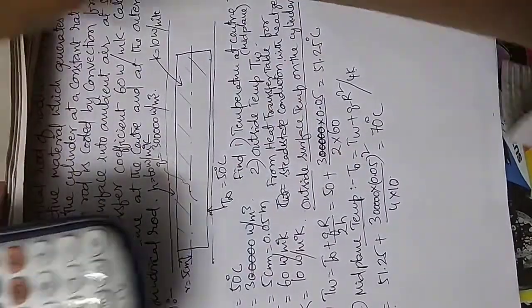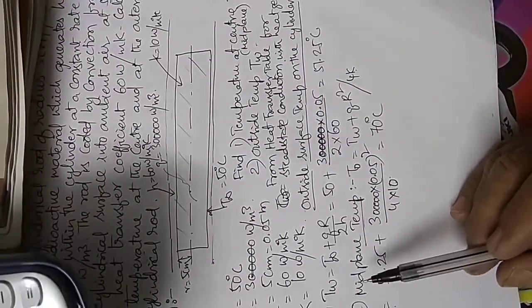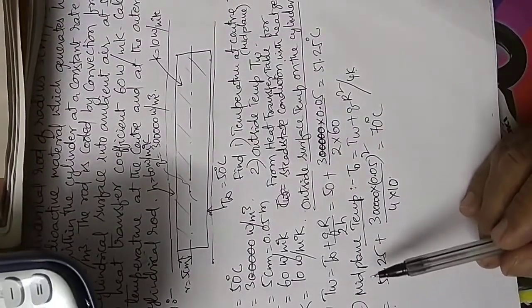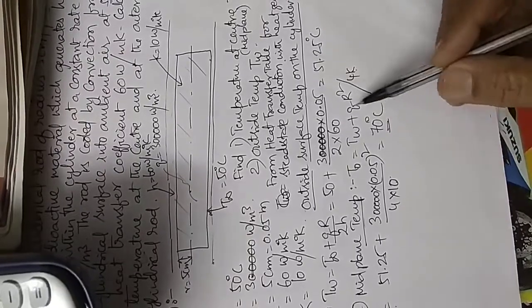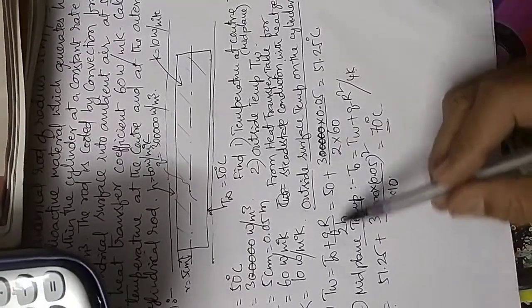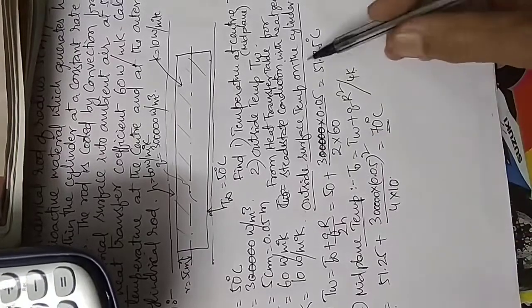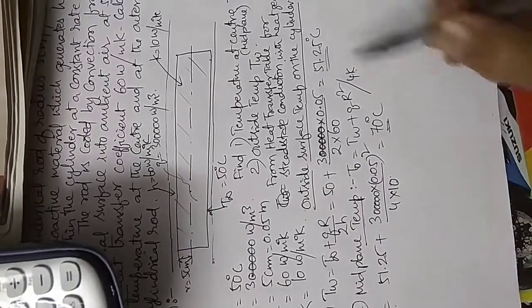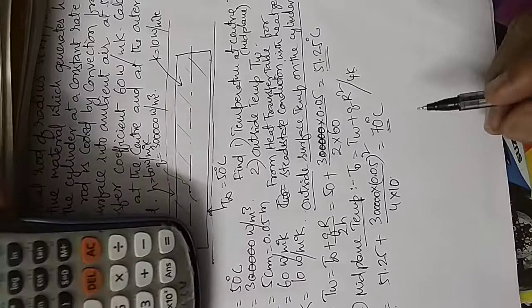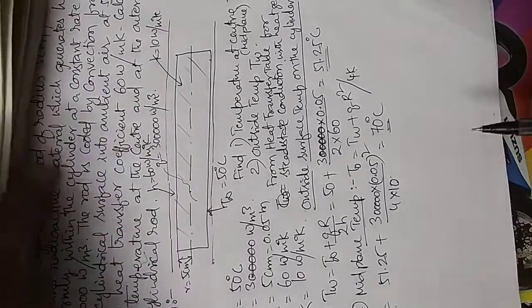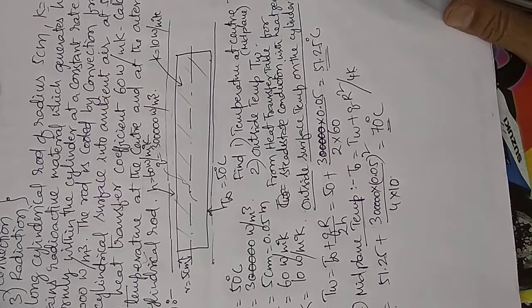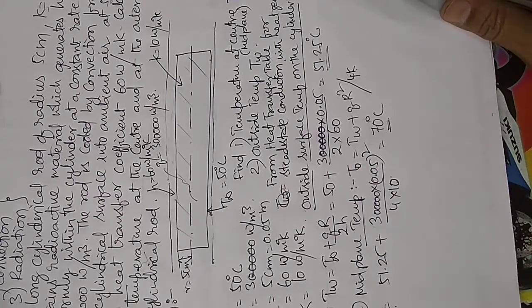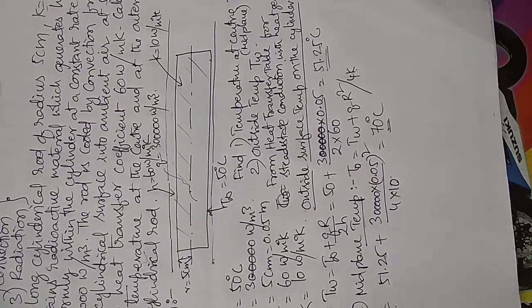So here both the things we have calculated: the temperature at the center is about 70 degrees centigrade, and the temperature at the outer surface of the cylindrical rod is 51.25. This is the way you can calculate the temperatures for a steady state conduction with heat generation type of problem.